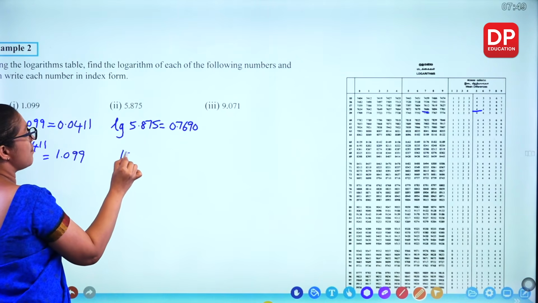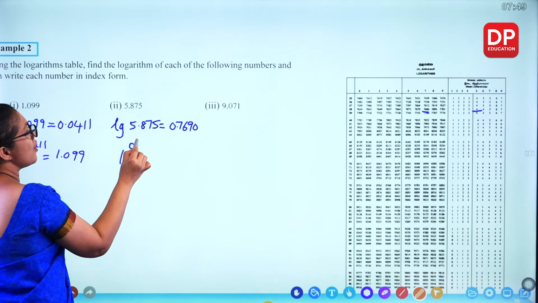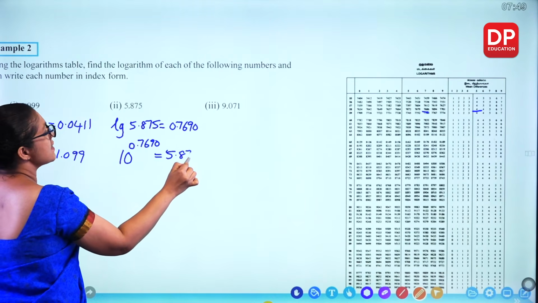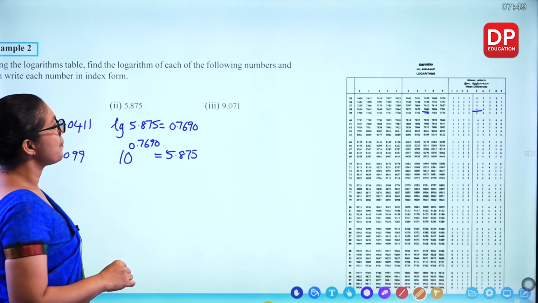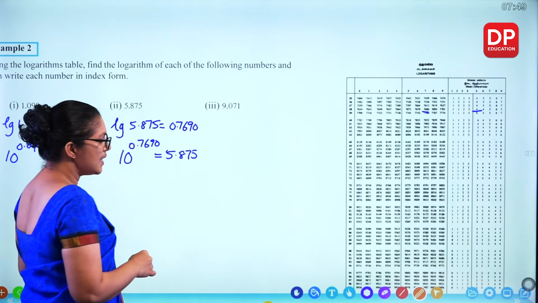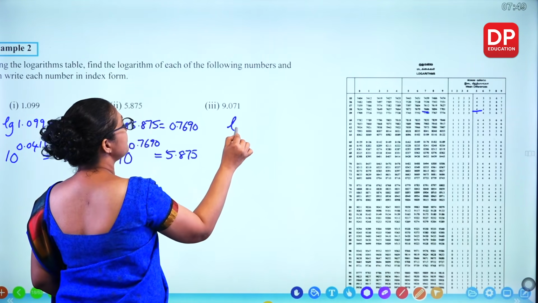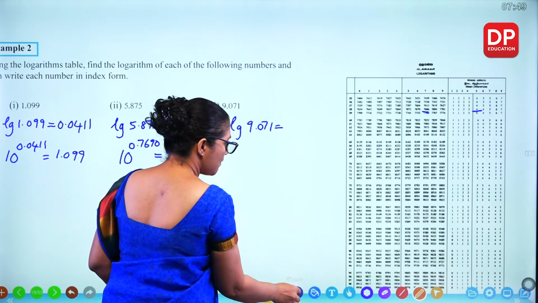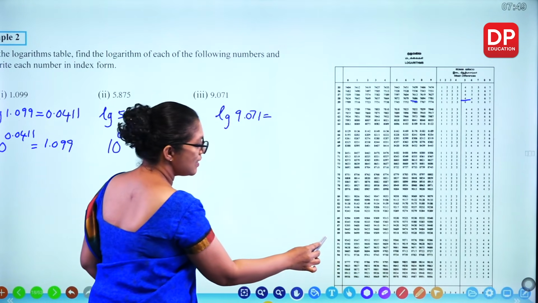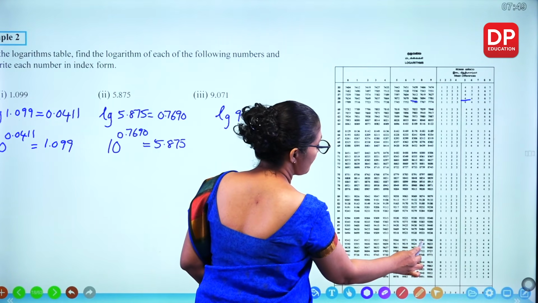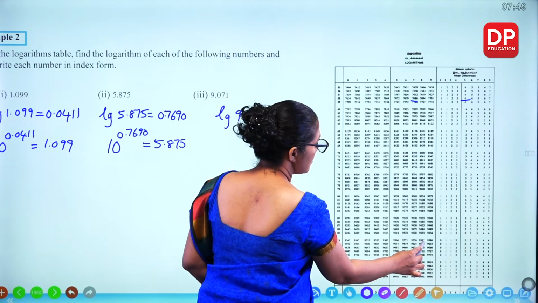So what's the power? 10 to the power 0.7690 is 5.875. The next number is 9.071. 9071. 97, 1 is 0.